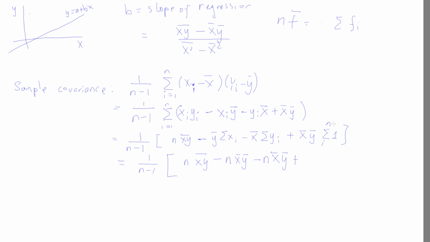And what's going to happen here? This sum is going to give me n, so I'm going to have n x bar y bar. Something nice happens here. Basically, this and this cancel out: minus n x bar y bar plus n x bar y bar. So all I'm left with is this front part.